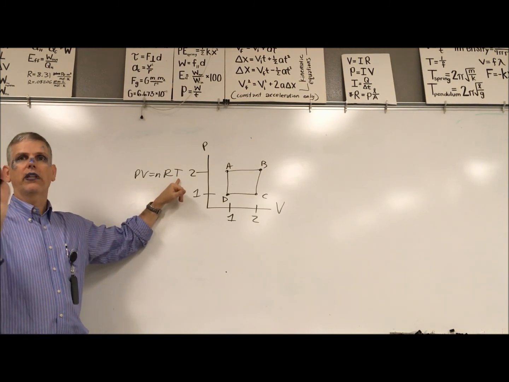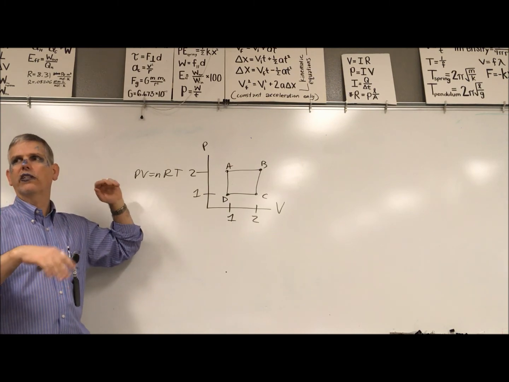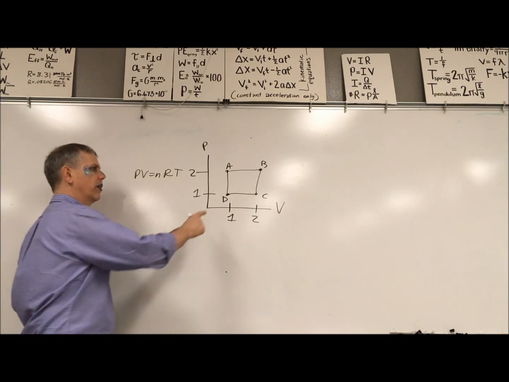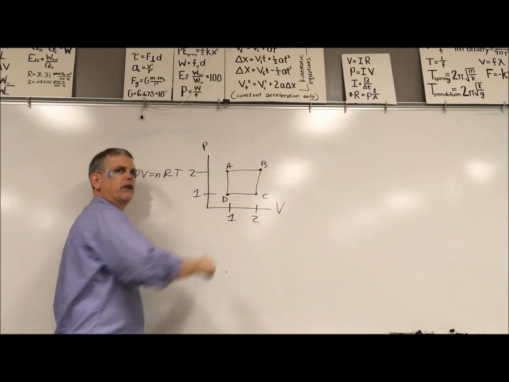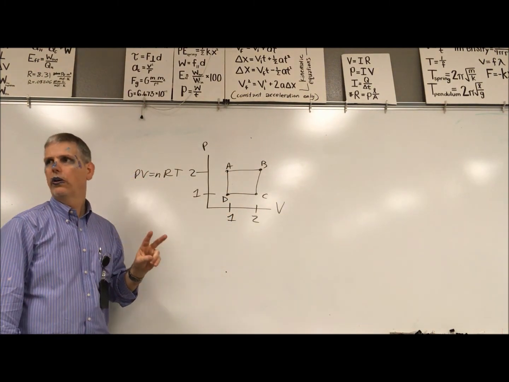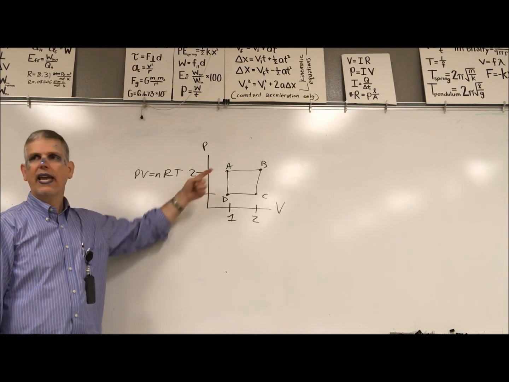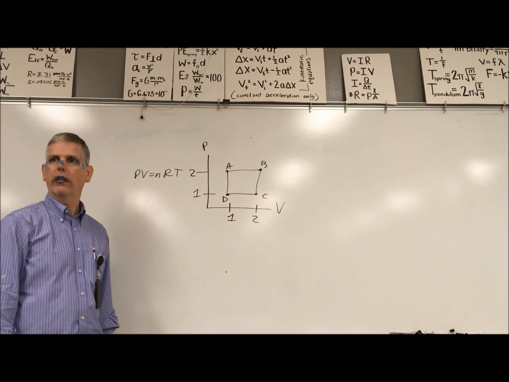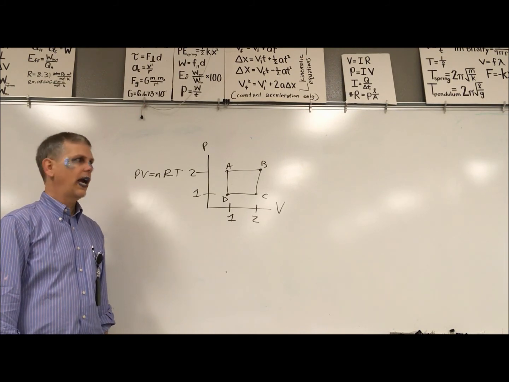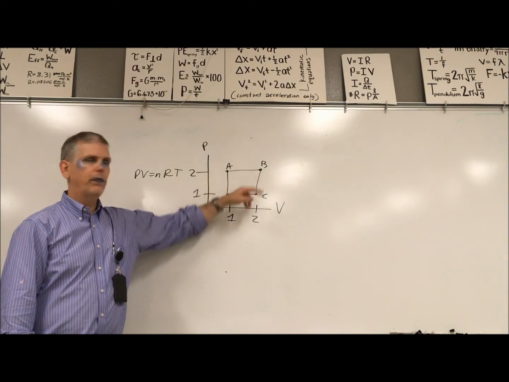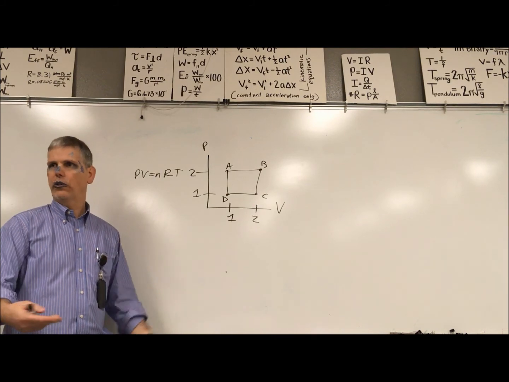But let's just get rid of R. Let's pretend that we made up our own unit and it has a unit of 1. Well, right here, P times V is 1. Well, now P times V is 2. Therefore, point A has a greater temperature than point 1 because P times V is a greater number. However, B would be at the greatest temperature because 2 times 2.